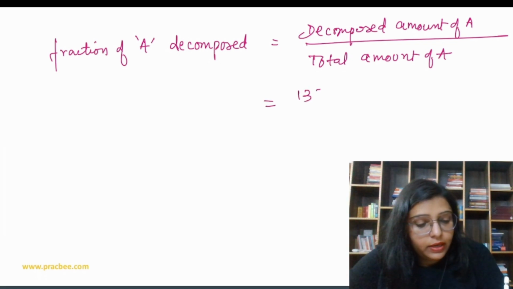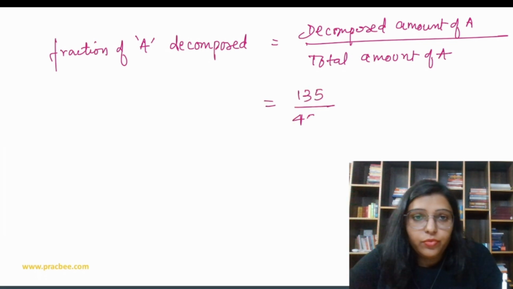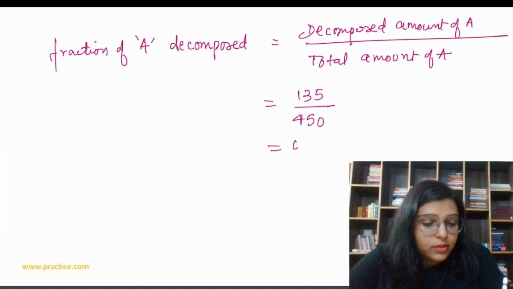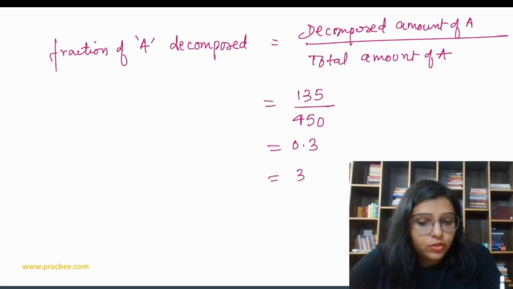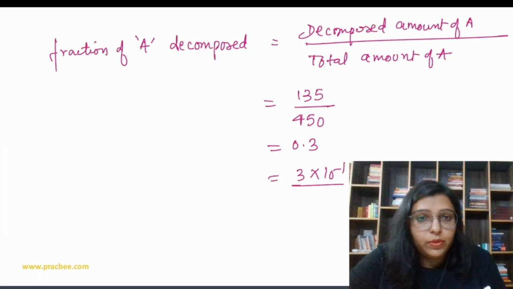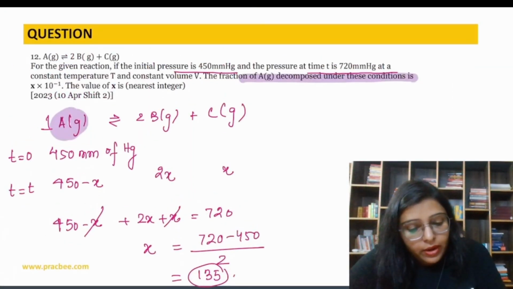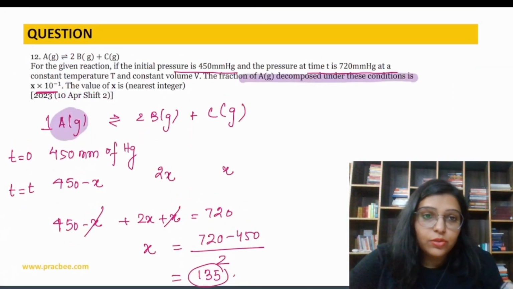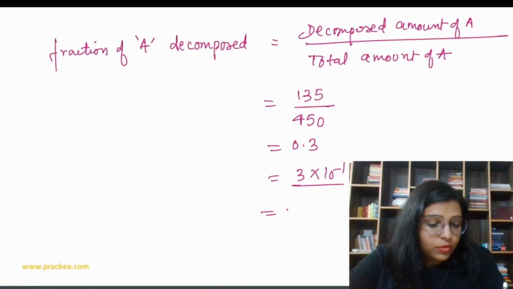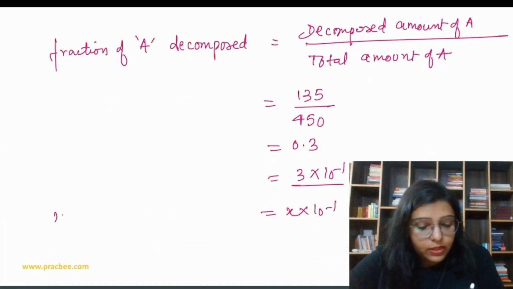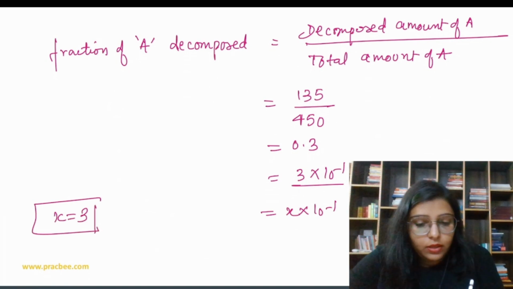So that is 135 and initial we can say 450. So when you solve this, you get 0.3 as the answer, which is equal to 3 into 10 to the power minus 1. Okay. So you have to report the answer in terms of x into 10 to the power minus 1. So x value is actually equal to 3.